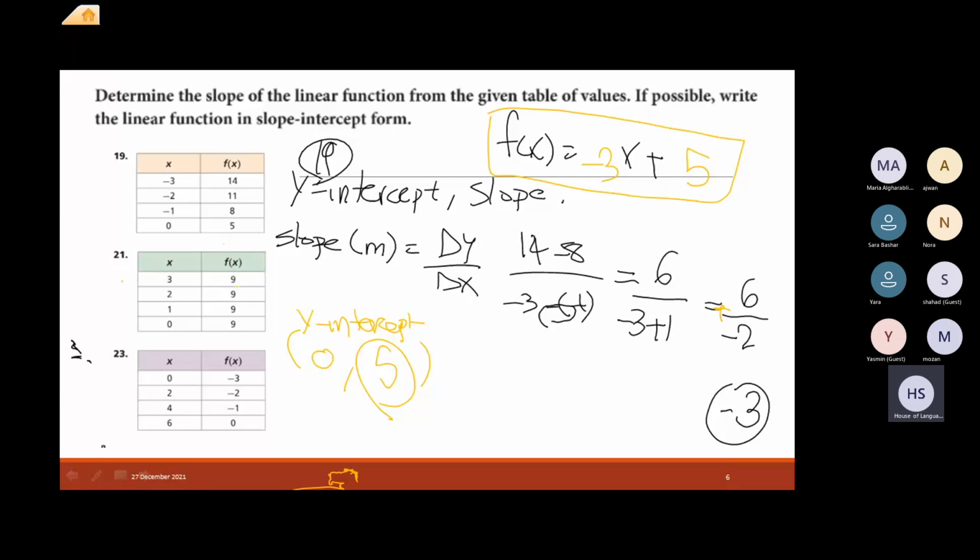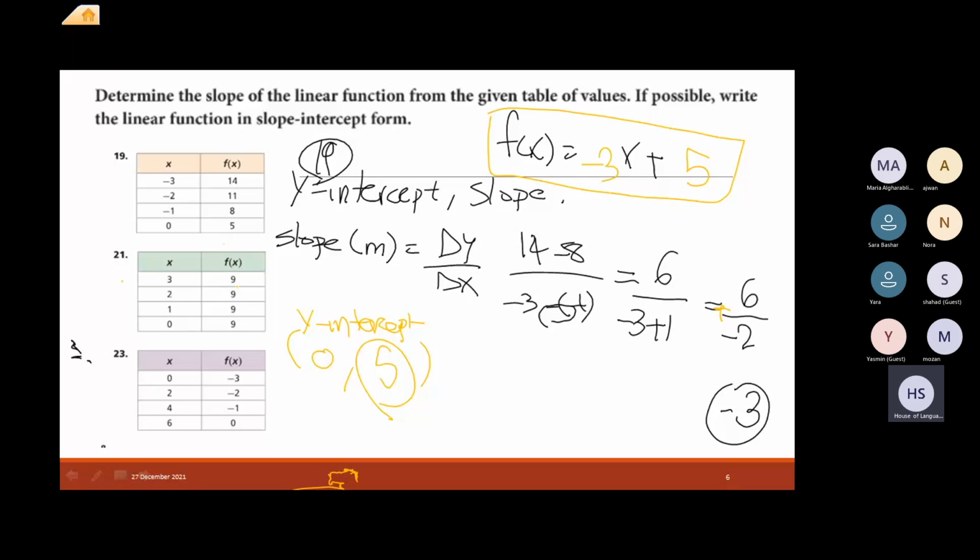Here it has to be negative 3. Thank you. No, it's wrong. This is true, but this is wrong. Negative 2 plus 1, negative 1, over negative 2, it's positive half. So it has to be positive half x minus 3. You didn't correct it.